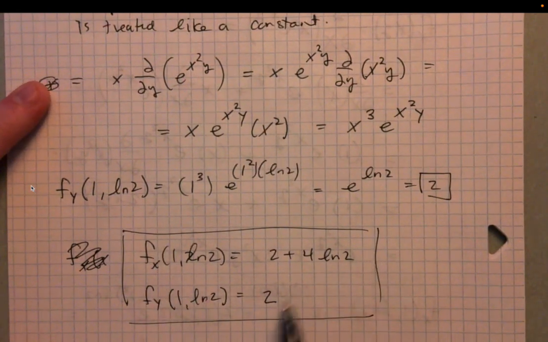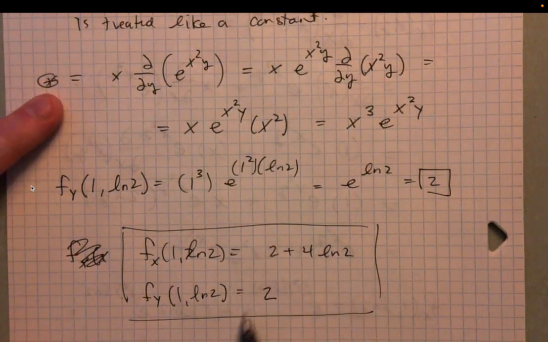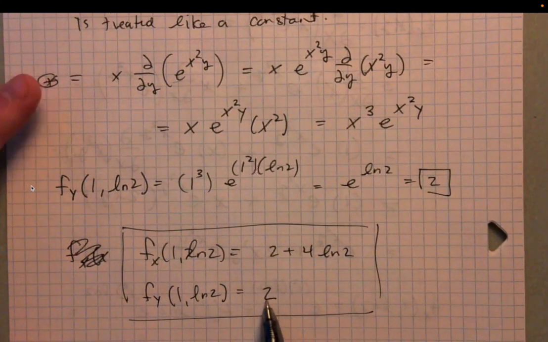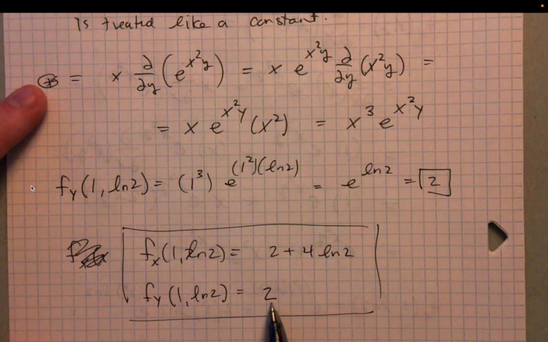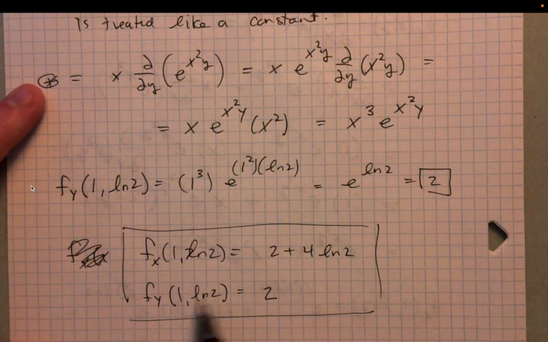What are these? How should we think about these different values here? So these are numbers, right? So what does this 2 represent? Well, this is telling me the slope of f in the direction of the y-axis at this point 1 comma ln 2, right? So there's a particular slope of 2 there.